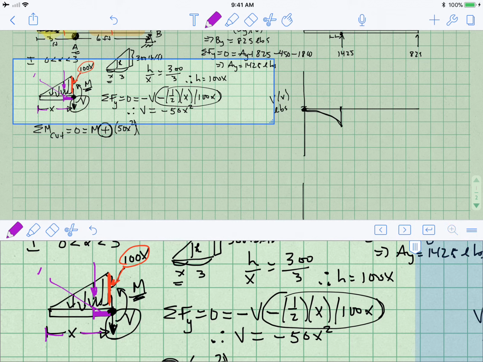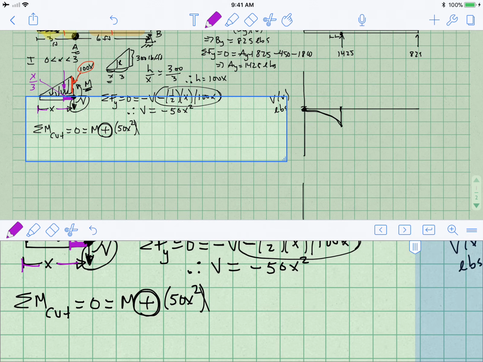So that little distance is x over 3. And so I am going to multiply it by x over 3. Therefore, M equals minus 50 over 3 x cubed.